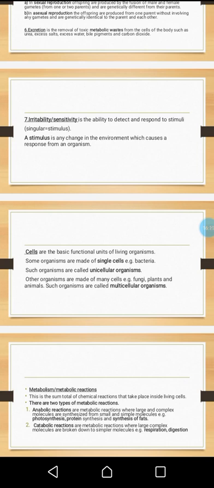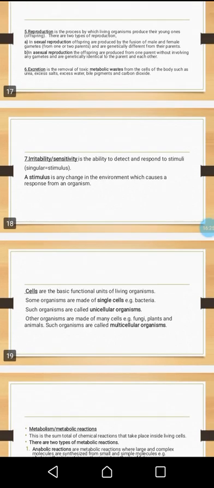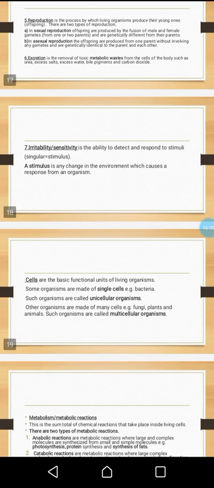I want to emphasize one point on excretion. Most people make a mistake. When they tell you to name substances that are excreted, okay, you don't say water and the salts. That is very wrong, because these two components are needed in the body most of the time.